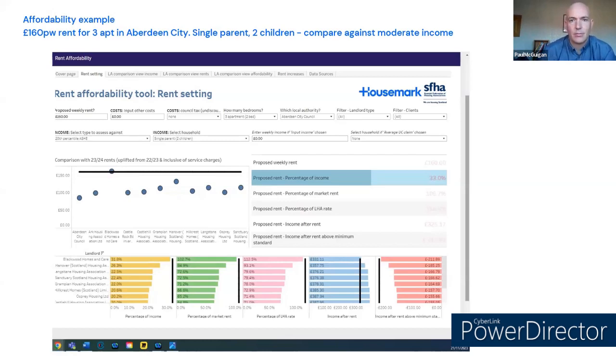It's a 3-apartment property, and the income is for a single parent with 2 children. And in the income drop down menu, I chose the 20th percentile for the annual survey, the ASHE data. So it just lets you see there. I'll just talk through the different bits of that screen.